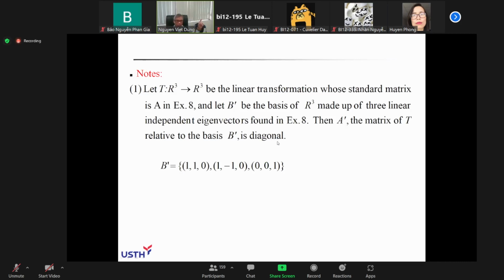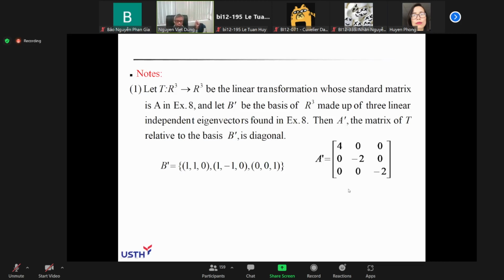More precisely, we denote B prime to be the basis consisting of the three eigenvectors we found in the previous slide. Then the matrix A prime of T relative to this basis B prime will be that one.